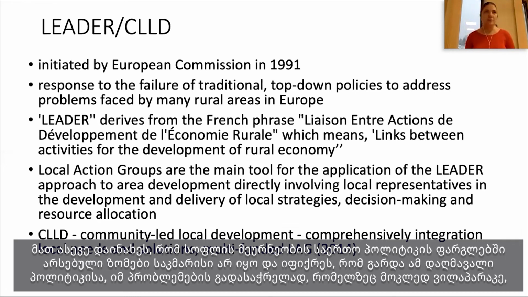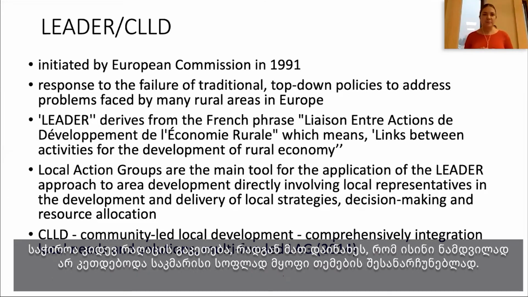They saw that the current measures under this Common Agricultural Policy were not enough, and that in addition to those top-down policies for the problems I just very briefly mentioned, there is a need to do something more, because they saw that they don't do enough to keep those rural communities alive.